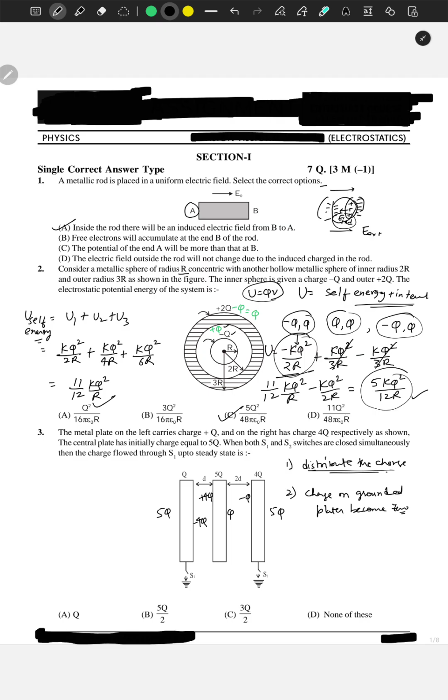Initially this plate has a q charge, so that means it has some potential. When we connect it, the potential of this plate should be 0, which is possible only when the charge on the plate is 0. Yes or no, right? So the first step we can do is make the charge on the plate 0. So q charge is there, so because of the second step, q charge will flow to the ground.